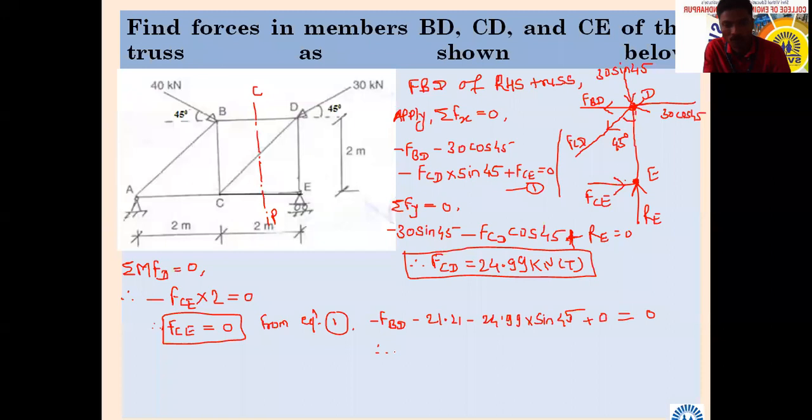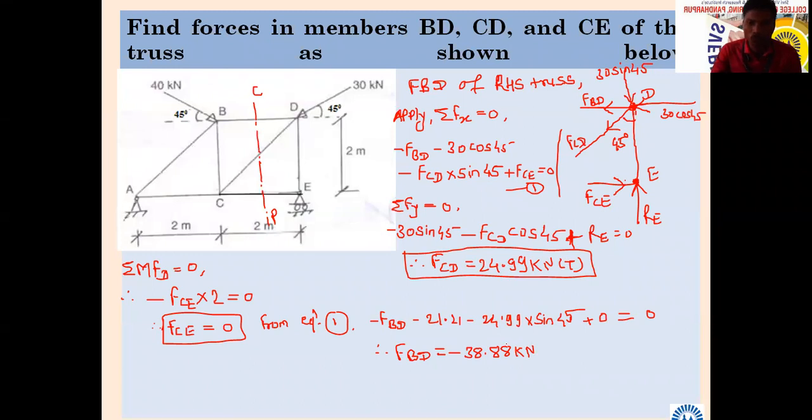So from this, is it possible to calculate FBD? Just check. Minus 38.88 kilonewton.